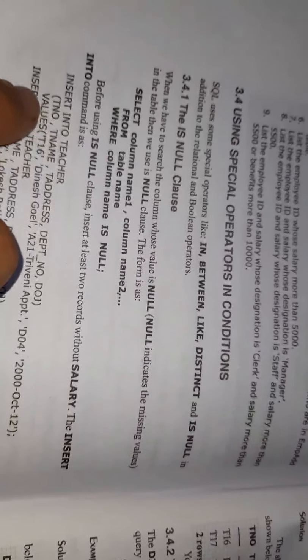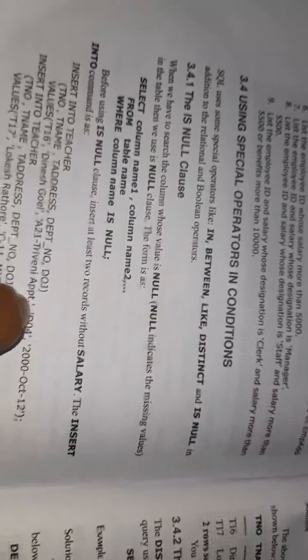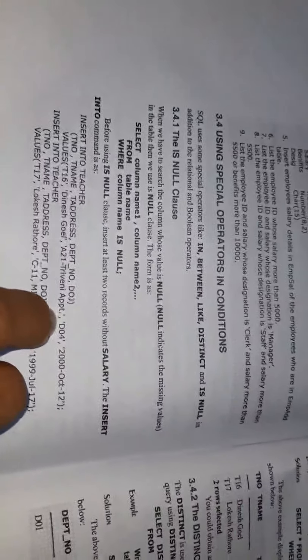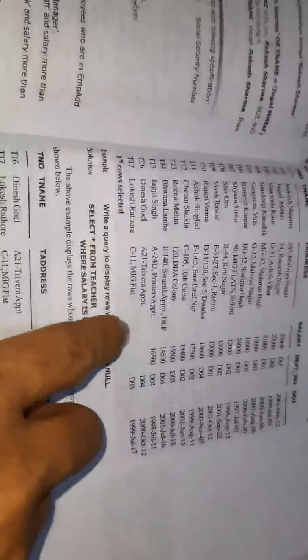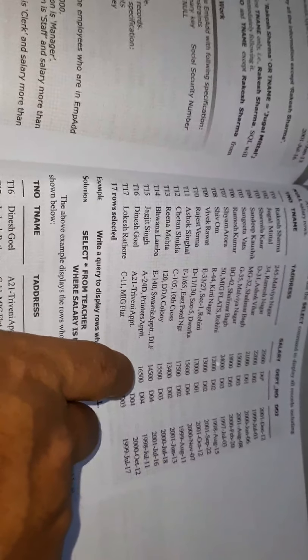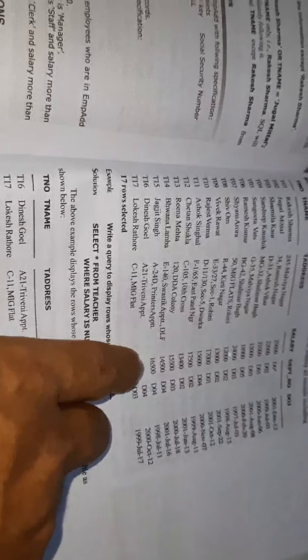In the values also the salary is not inserted. The compiler will not display any error, but it will not insert any garbage value here, so this will remain blank. So that is implicit.